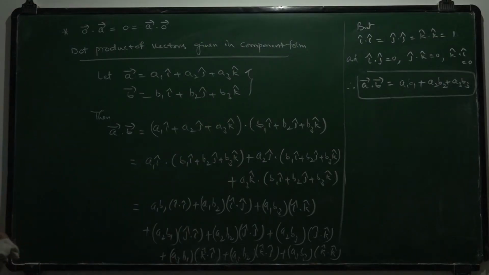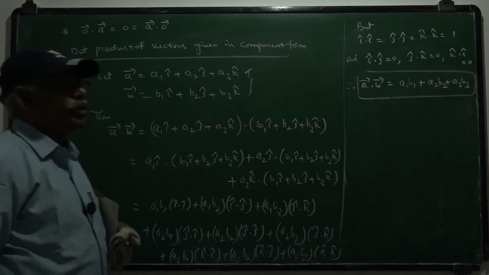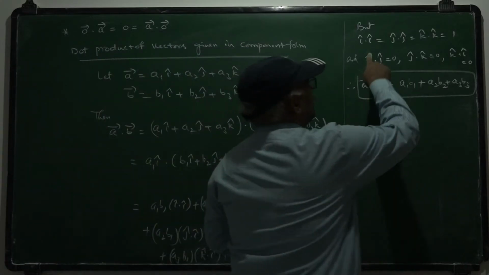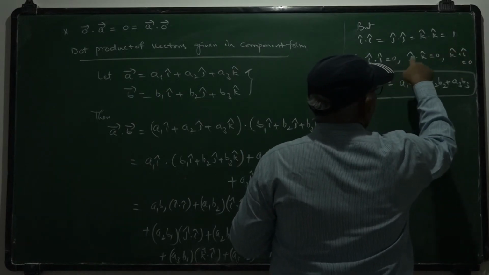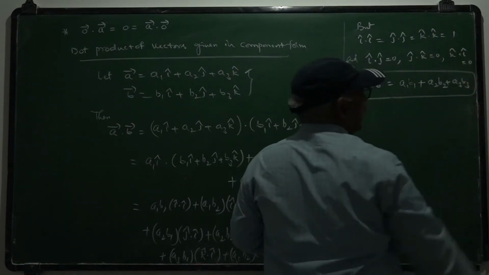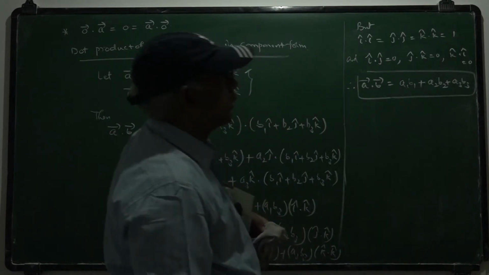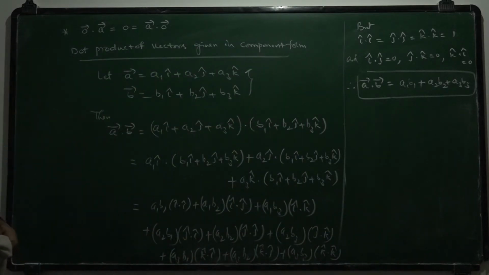Very simple one. So the angle between I and I is 0, J and J is 0, K and K is 0. Hence, their dot product is 1. The angle between I and J is 90, J and K is 90, K and I is 90. Hence, the dot product is 0 in such case.